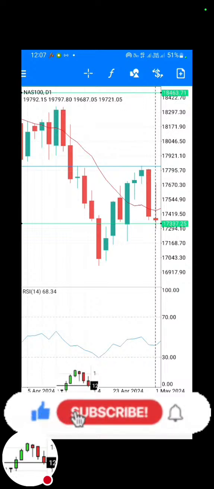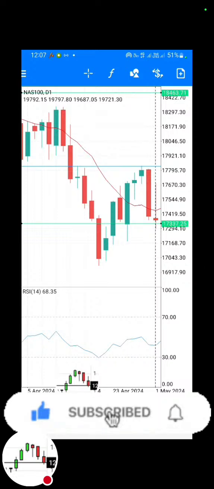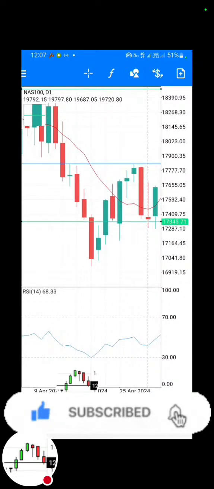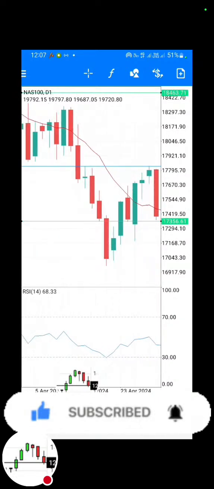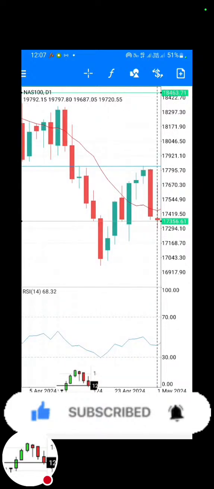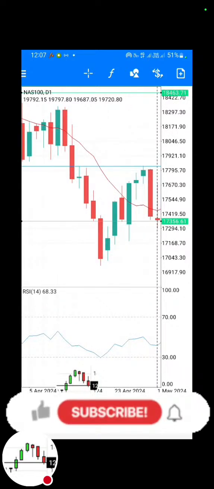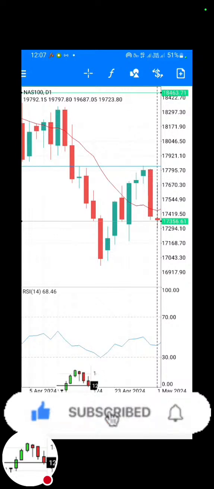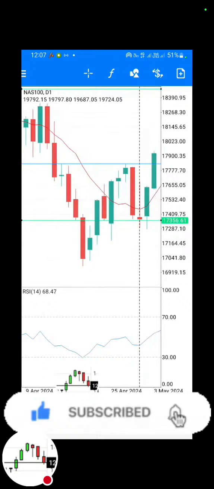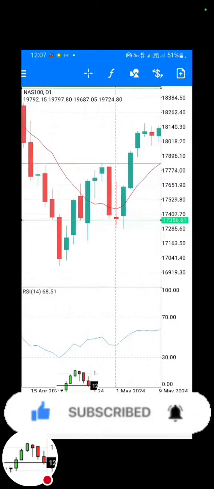candlestick. You see this type of candlestick, and there is a support area, let's say somewhere around here. So you have to take a buy in this case. So take a buy because the market will reverse. You can see the market did reverse on the screen.